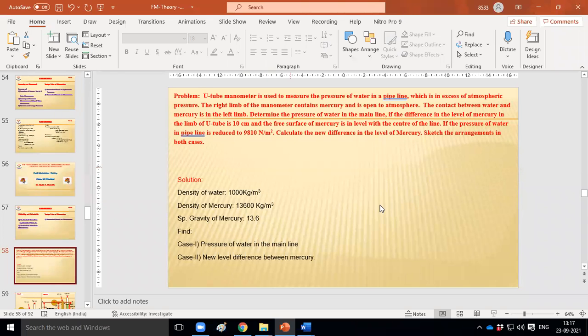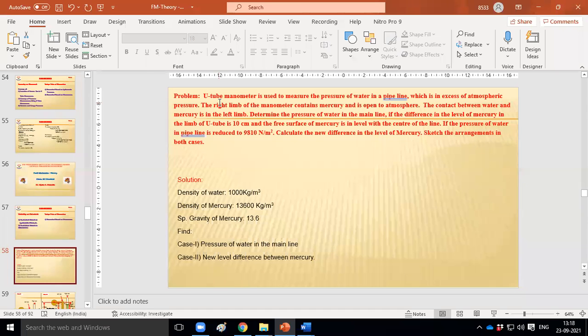Yes, sir. Okay. In this numerical, we already discussed the first part. The U-tube manometer is used to measure the pressure of water in a pipeline, which is in excess of atmospheric pressure. The right limb of the manometer contains the mercury and is open to atmosphere. The contact between water and mercury is in the left limb.